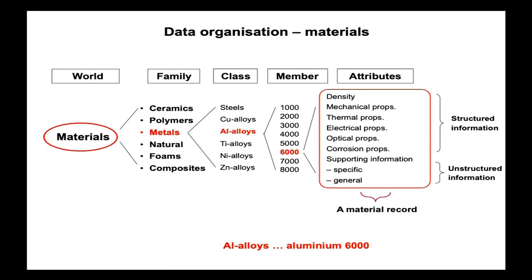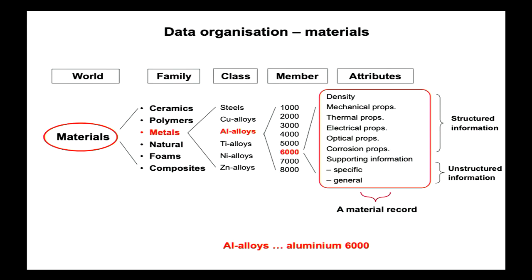Now, the attributes, another word we might use is engineering properties or mechanical properties. That's the specific stuff to us, but the idea of attributes can perhaps extend beyond what we care about for the problem at hand. And up on the screen there is a heap of stuff: density, mechanical properties, thermal properties, electrical properties, optical properties, corrosion properties, supporting information, which in CES can even include potential sources where you can buy the stuff.